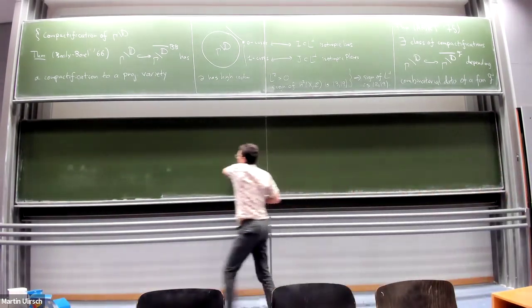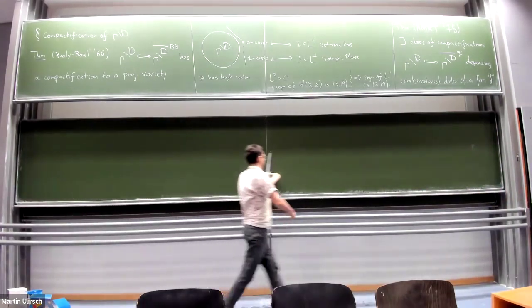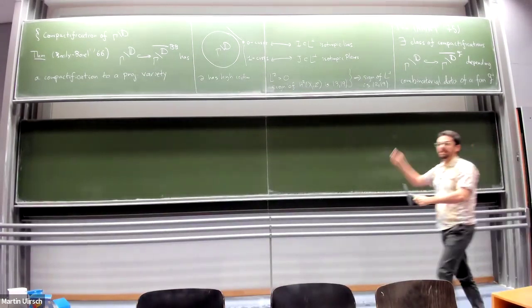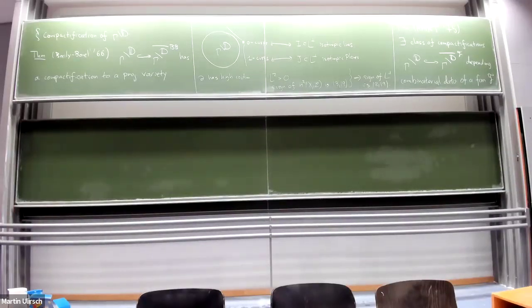A priori, it doesn't have anything to do with K3 surfaces, but our goal is going to be to relate the geometry of degenerating K3 surfaces to these toroidal and other types of compactifications.